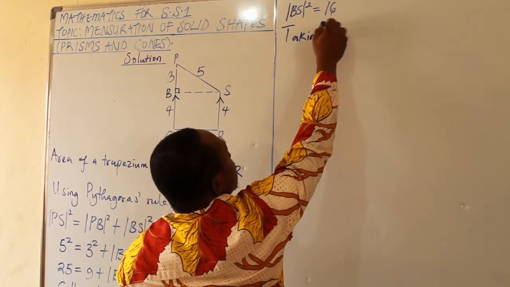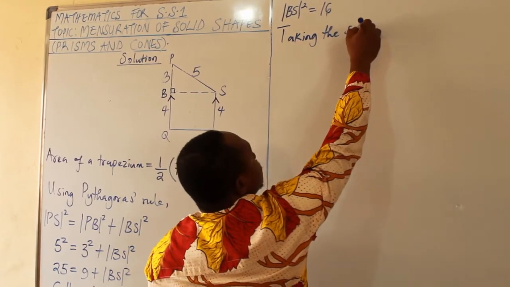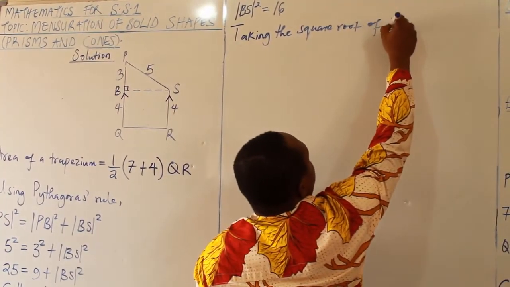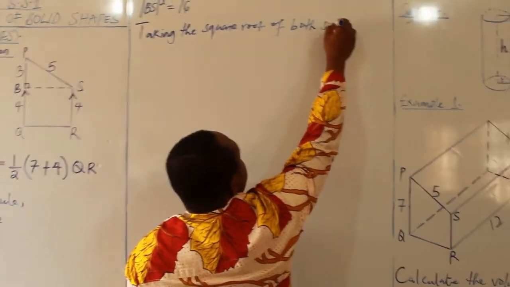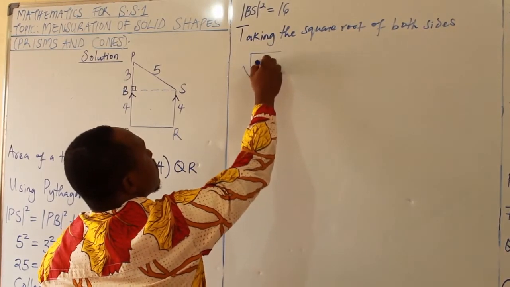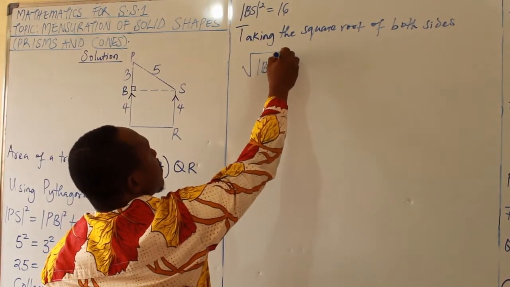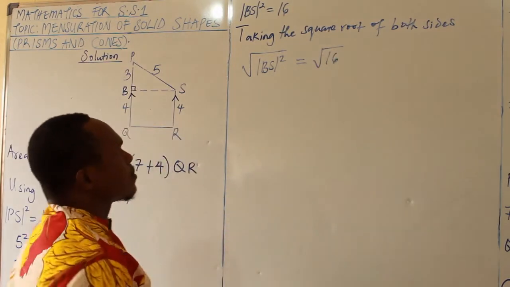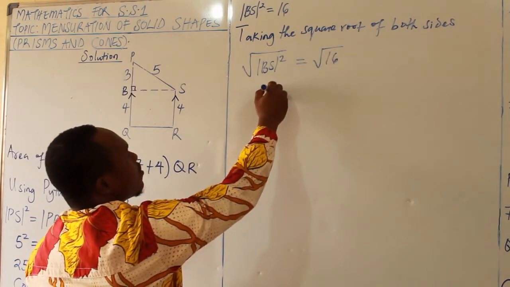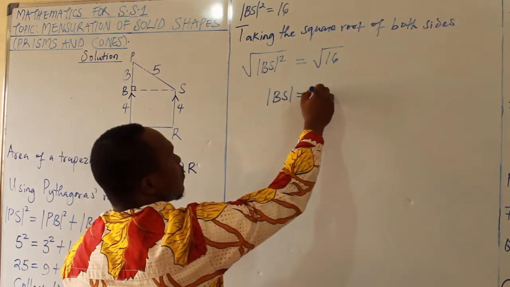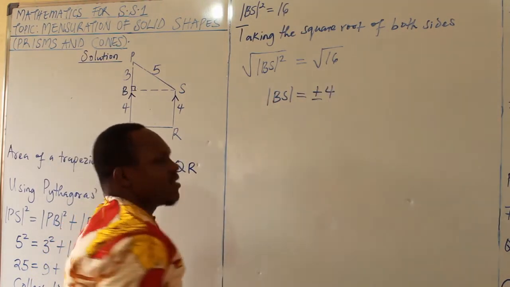Taking the square root of both sides, we have the square root of BS squared is equal to the square root of 16. So BS will be equal to plus or minus 4 centimeters.